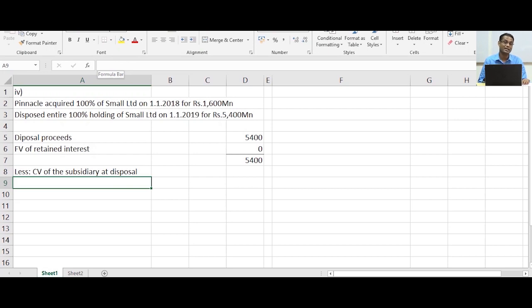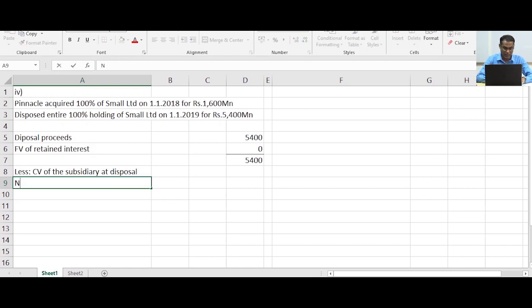One is the net assets of the subsidiary at the disposal date. Then the goodwill figure of the disposed subsidiary. Similarly, if the disposed subsidiary has a non-controlling interest, that also needs to be derecognized. Now the disposal took place on 1st January 2019.